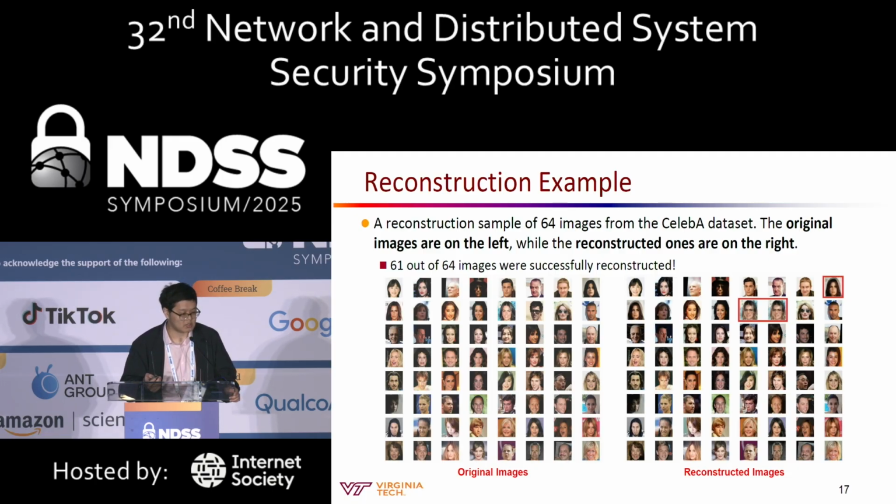I plotted the original images on the left, and the reconstructed ones on the right. You can see that the reconstruction performance is pretty good, and 61 out of 64 images were successfully reconstructed. The key difference between our work and the previous optimization-based attacks is that our work can deal with batched inputs and do the reconstruction for a whole batch of samples simultaneously.